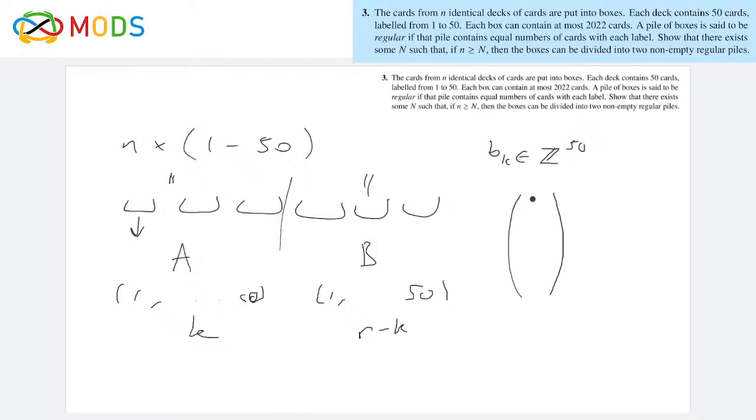For example, if you have 2, 3, 0, and so on, that means you have 2 cards that have 1 on them, 3 cards that have 2 on them, 0 cards with 3 on them, and so on.